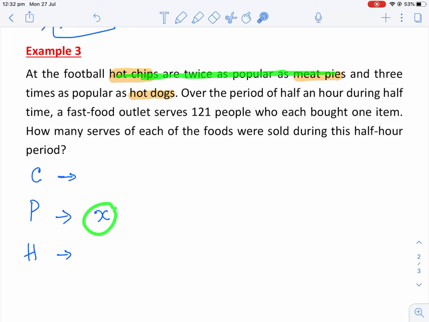So if meat pie is X, then hot chip is 2X, all right? And if the number of hot dogs sold is Y, then because hot chip is 3 times as popular as hot dog, the number of hot chips sold is 3Y.